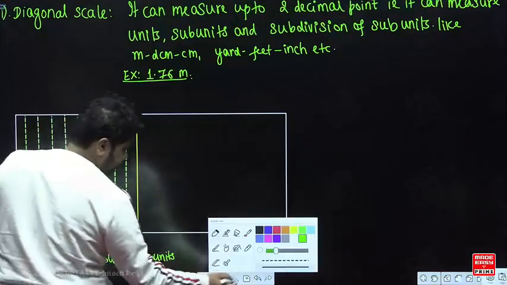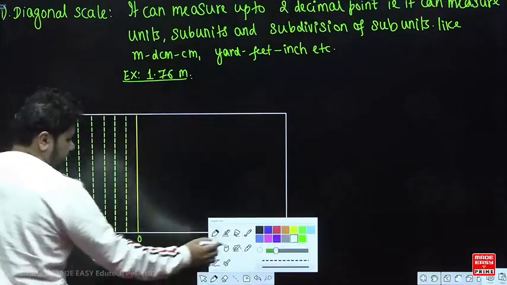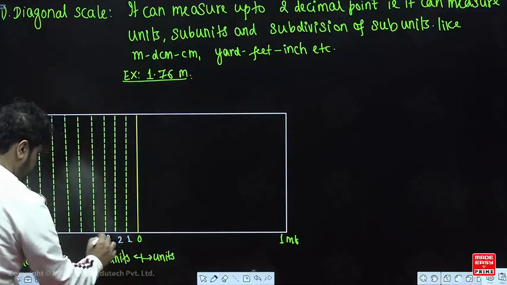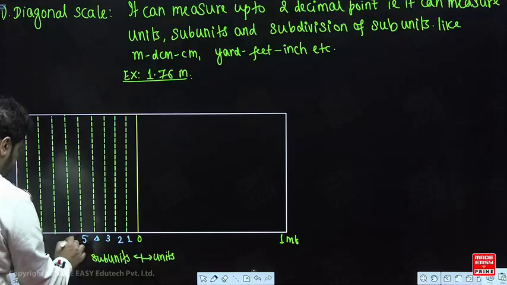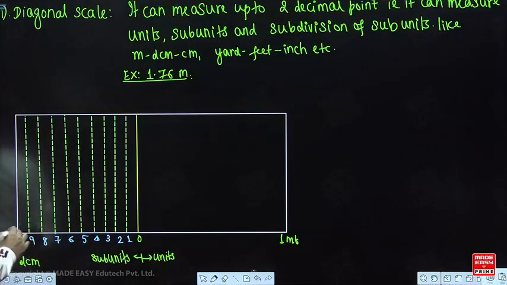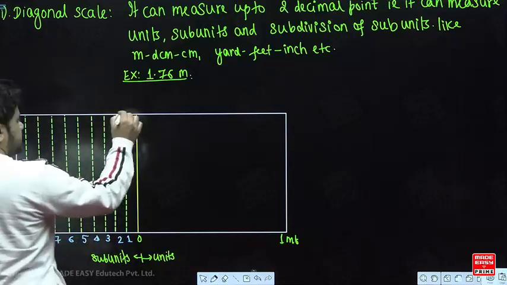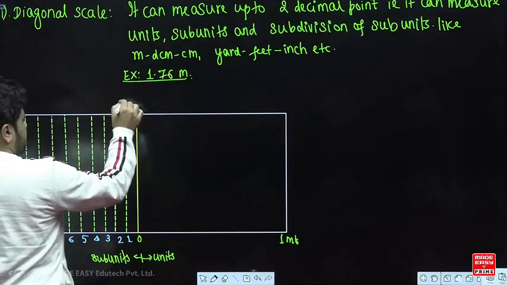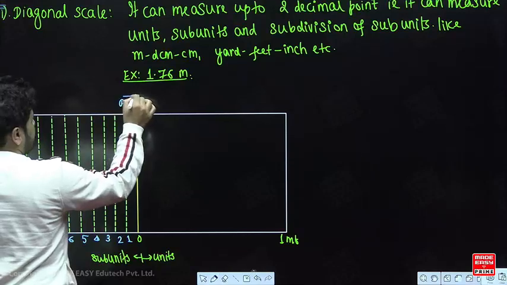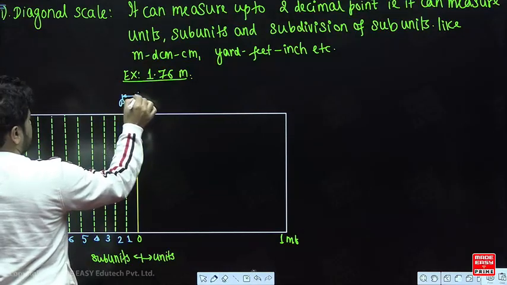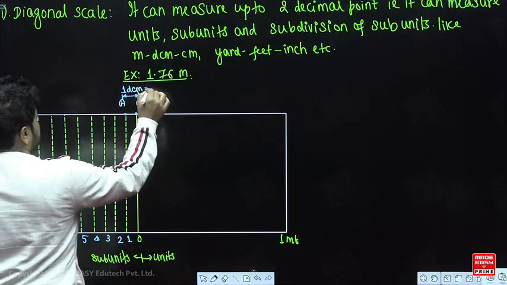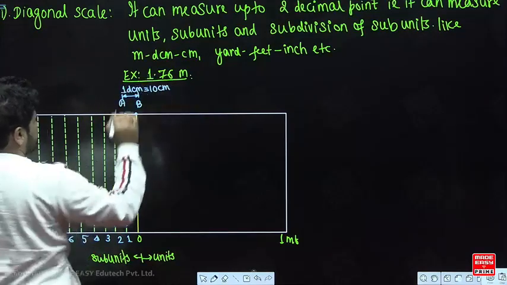So let us say this is 0, fine. This is the first division, 1, 2, 3, 4, 5, 6, 7, 8, 9 and total 10. If I consider this point to be A and this point to be B, and I ask you what is the distance between these two, you will say it is 1 decimeter, which is the same as 10 centimeter, isn't it?